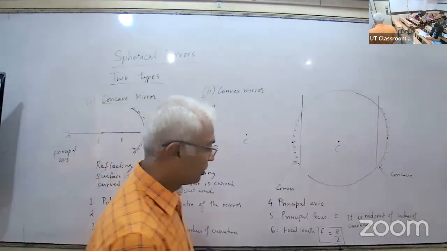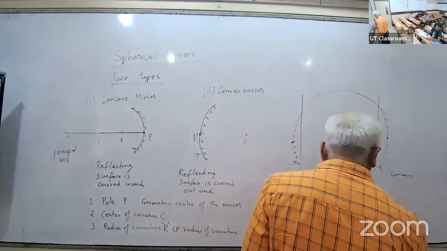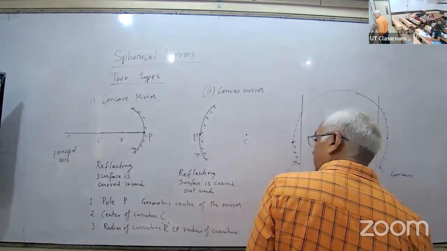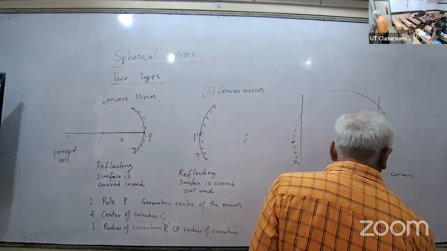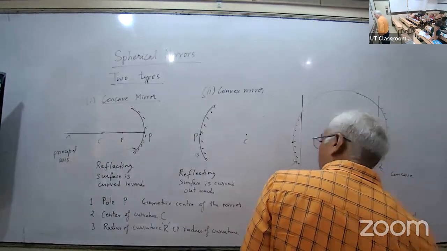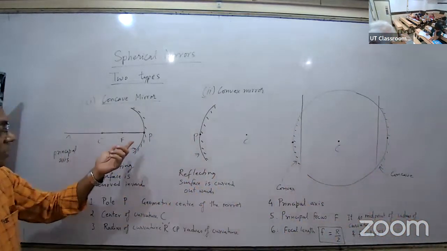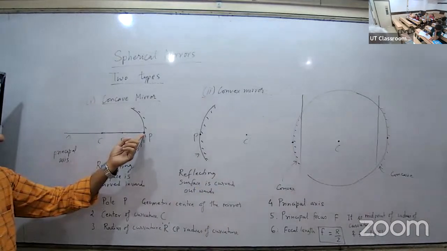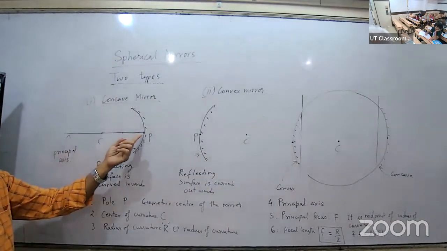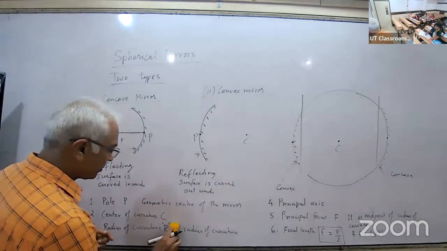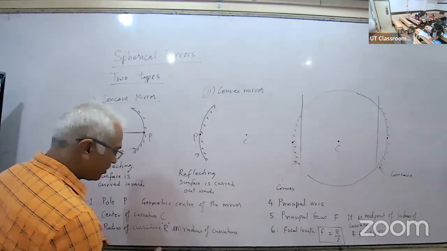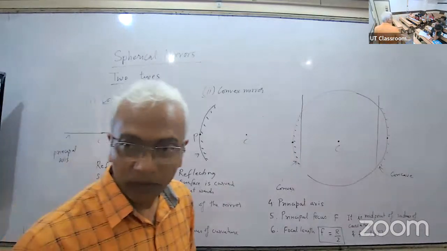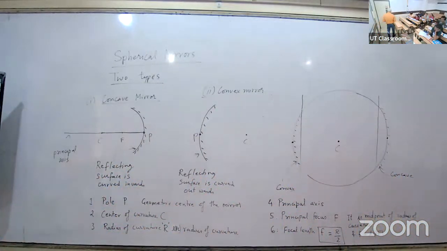One more thing you note is the length is always measured from the pole. So radius is PC, you should write, not CP. I'll explain it again when we do the image formation by mirrors.